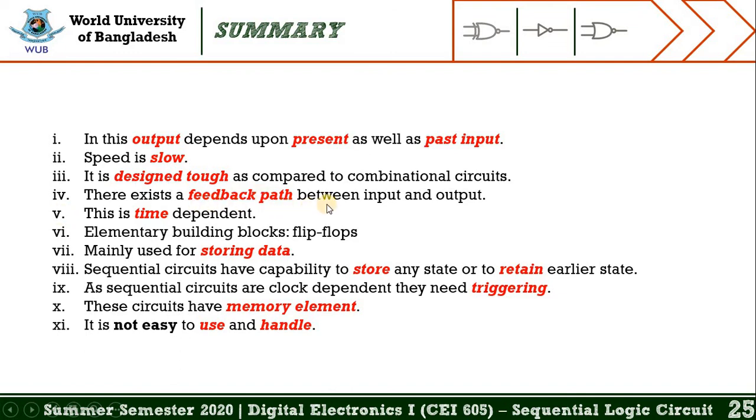Next, there exists a feedback path between input and output. This is time dependent. Elementary building blocks such as flip-flops are mainly used for storing data. Sequential circuits have capability to store any state or to retain earlier state. As sequential circuits are clock dependent, they need triggering. Next, these circuits have memory element. It is not easy to use and handle.